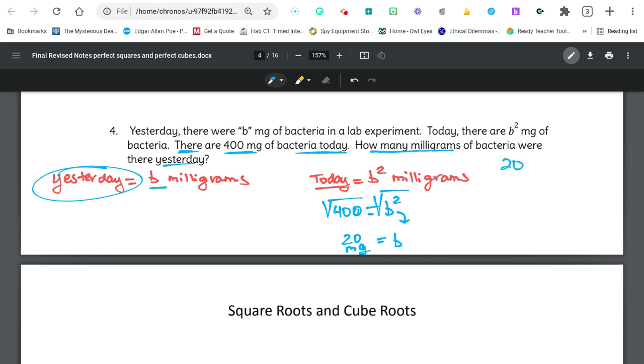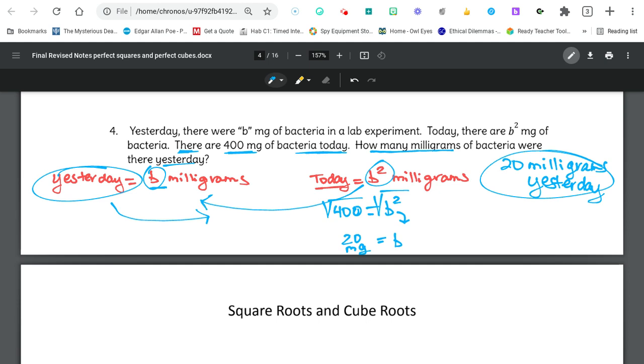So there were 20 milligrams yesterday. Again, if you're going from yesterday to today, square b. If you're going from today back to yesterday, square root b squared.